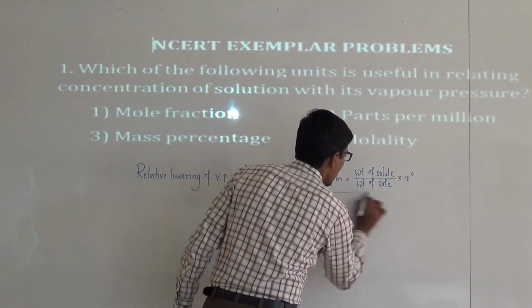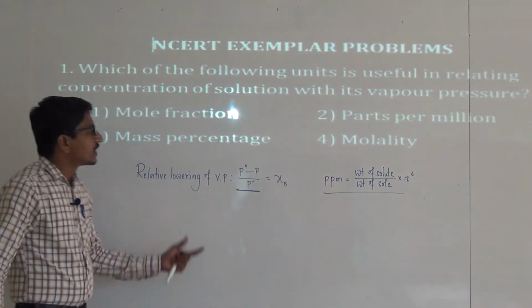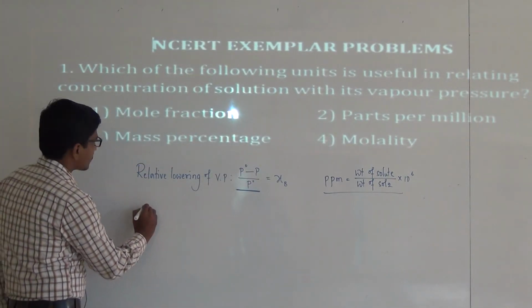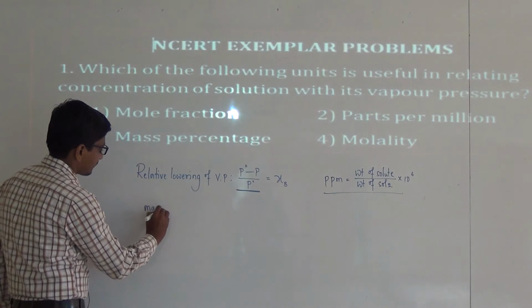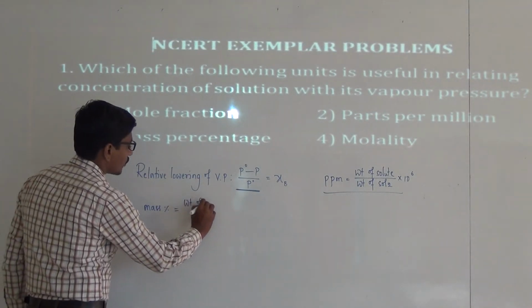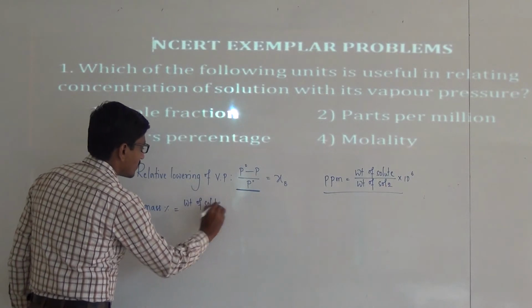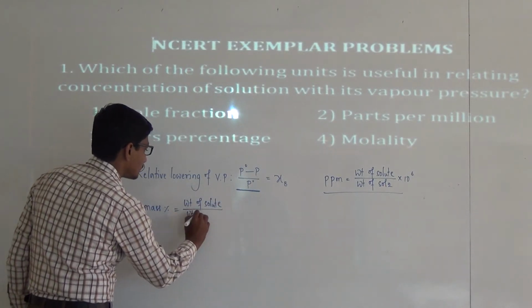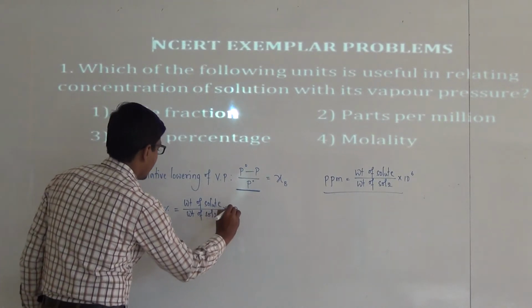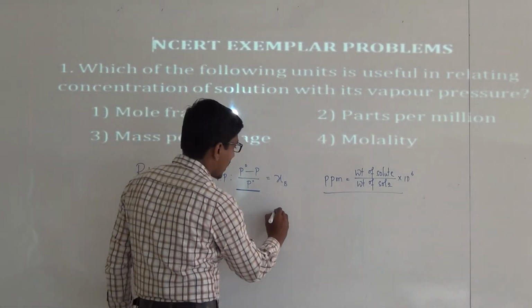There is no vapor pressure term in ppm. The third one is mass percentage. Mass percentage is equal to weight of solute by weight of solution into 100. And the last one is molality.